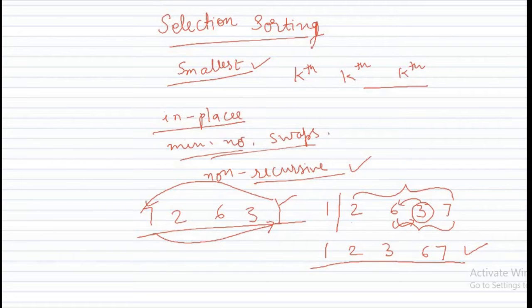So now we will see the algorithm of selection sort, and then we will take an example and run that algorithm to see how it works. For a list, we will take for i equal to 0 to n minus 1, if there are n elements in the array.